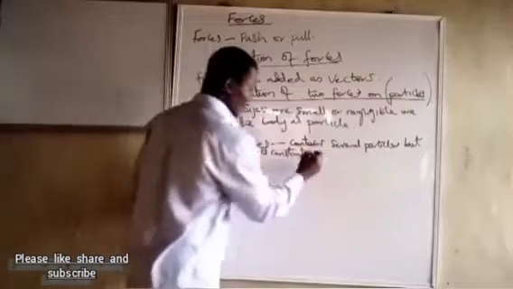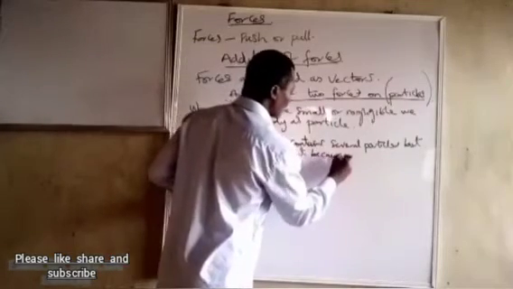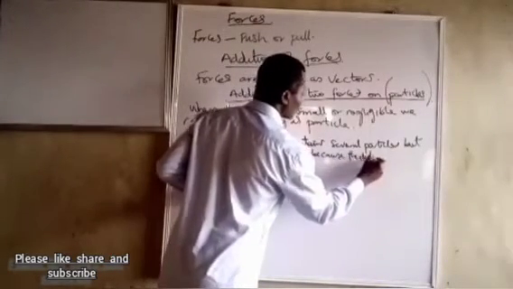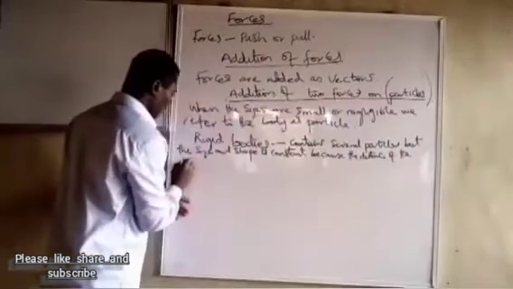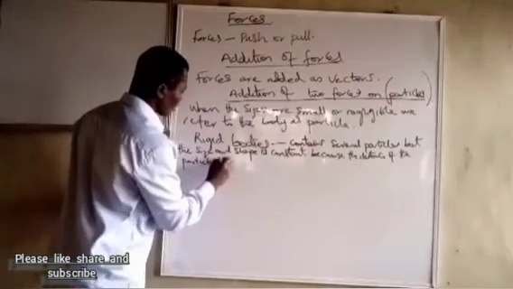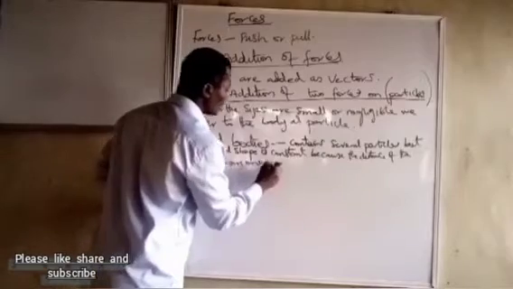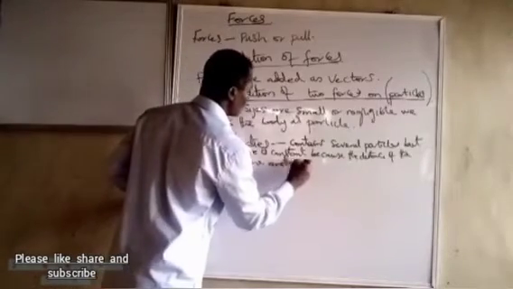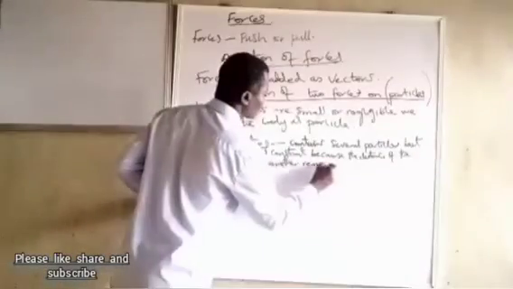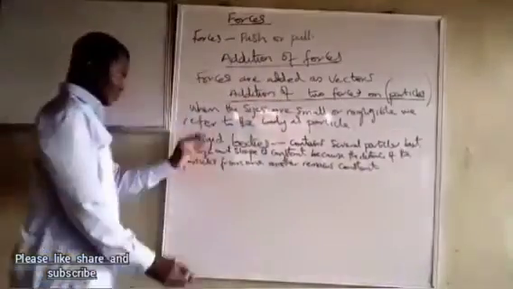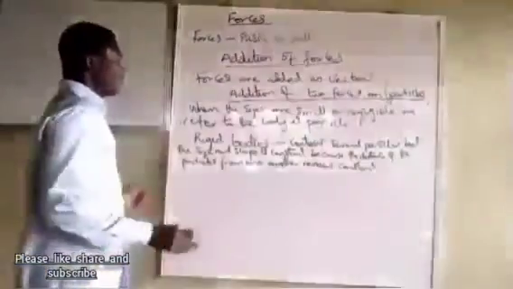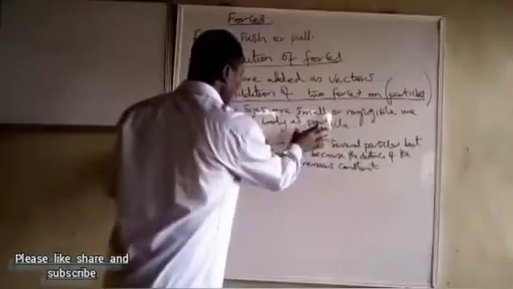Why? Because the distance of the particles from one another remains constant. So we get to that one too. But for now, let's look at addition of forces in particles.